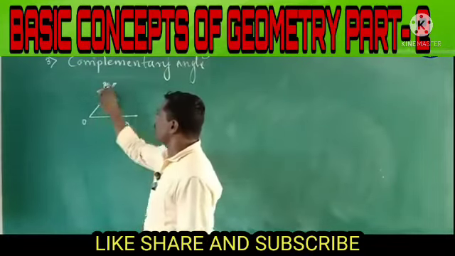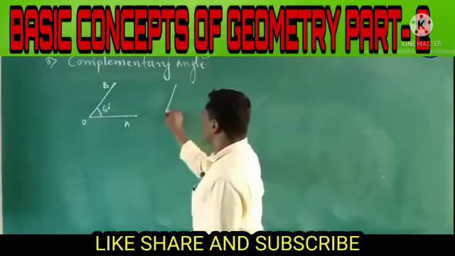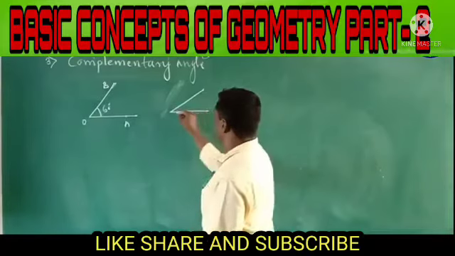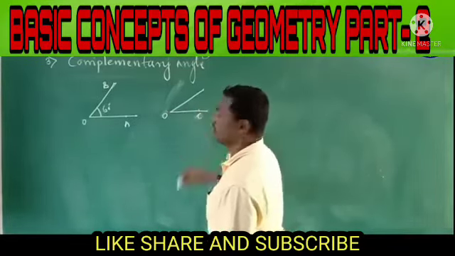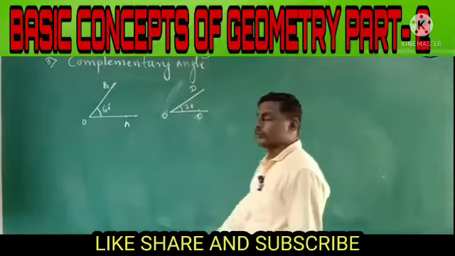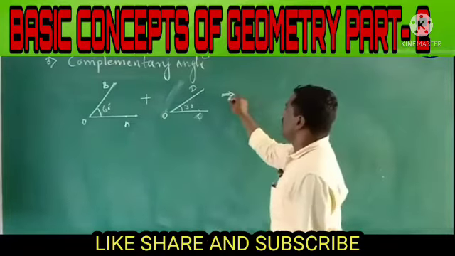Angle AOB is 60 degrees and angle OCD is 30 degrees. By adding these two, we get 90 degrees.